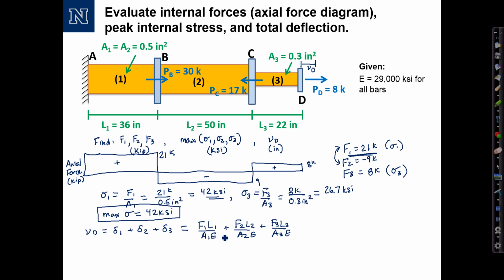Now I recognize here that E is the same for all the bars, so when I do my calculations, I can pull that out. 1 over 29,000 KSI.